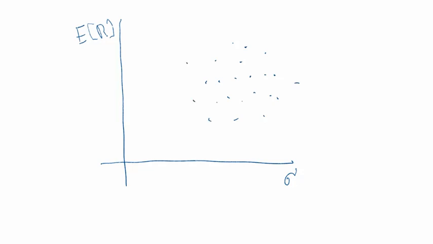So notice that they're over here, they're not over here, which means that the standard deviation is positive. They have all different standard deviations and all different means. Now what you can do is you can ask, what is the lowest standard deviation for any mean? Now if you ask that, the answer to that question traces out a curve that looks like this.